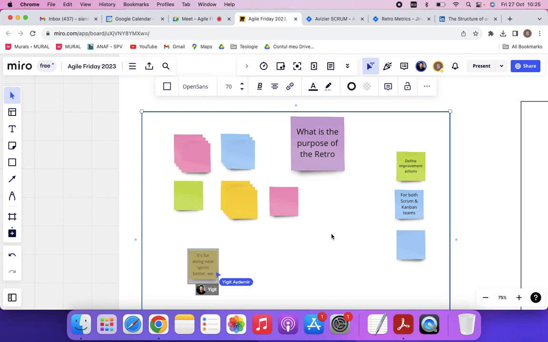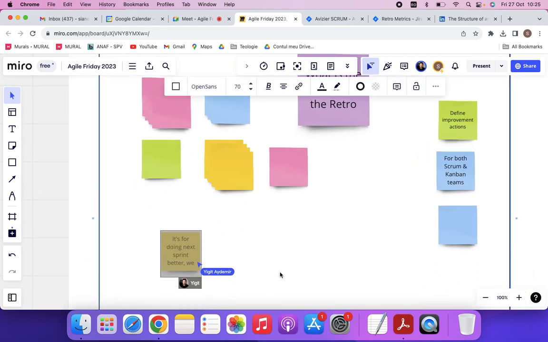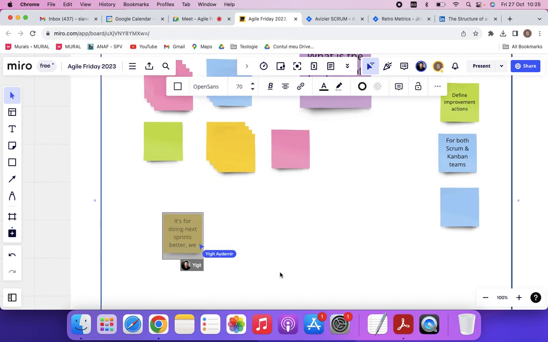So you added it. Let's see what you added in there. I can summarize in one sentence, but the purpose in my mind is doing better sprints, to take the good points and the bad points and figure out what could be the improvements.